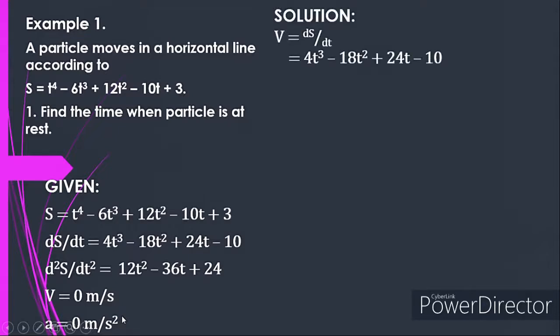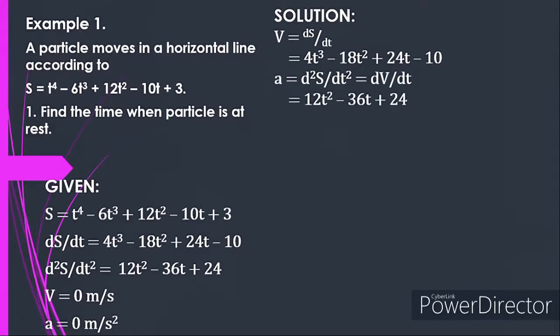Solution. Since sabi sa ating key formula, V is equals to ds over dt. So ano ba yung value ng ds over dt natin? Check. 4t cubed minus 18t squared plus 24t minus 10.